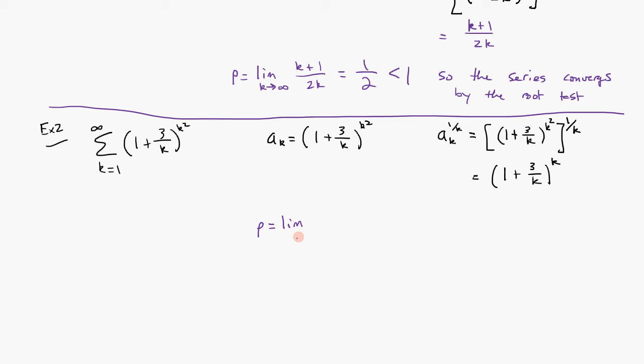The limit as k goes to infinity of a sub k to the 1 over k, which is this expression here. As k goes to infinity, this goes to 1 and this goes to infinity. So this is of the form 1 to the infinity, and you have to use L'Hopital's rule to simplify this limit.